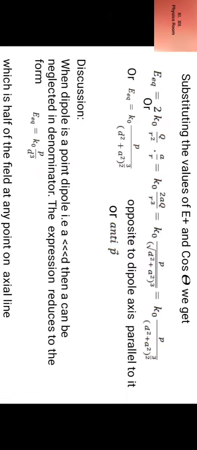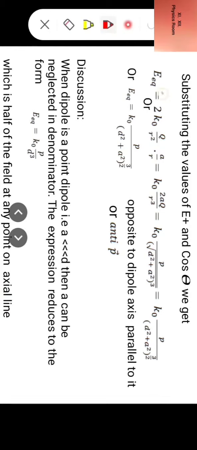Now substituting the values of E plus and cos theta, we get E equatorial equal to 2 K naught Q by R square into A by R. K naught Q by R square is E plus and A by R is cos theta. So we have 2 K naught AQ by R cube.